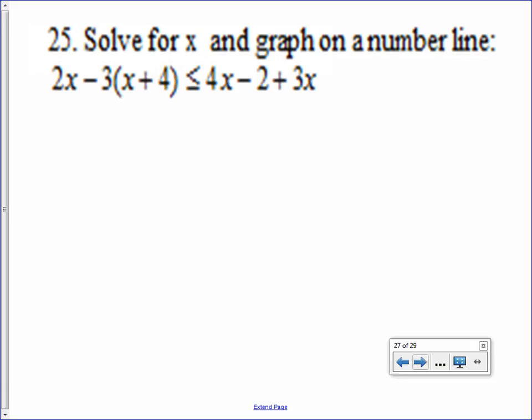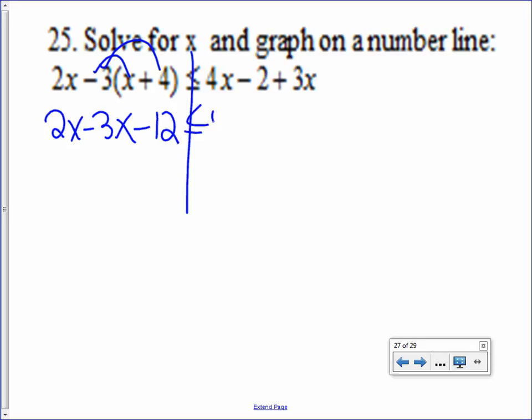Okay, we're up to number 25. Solving an inequality, just like solving an equation. Fractions, no. Parentheses, yes. Distribute. Not just the 3, but the negative 3. Negative 3x minus 12. Now combine my terms. On my left, yes, I can combine the positive 2x with the negative 3x.